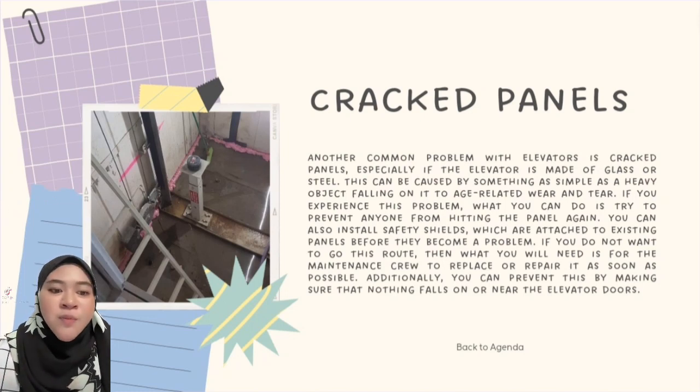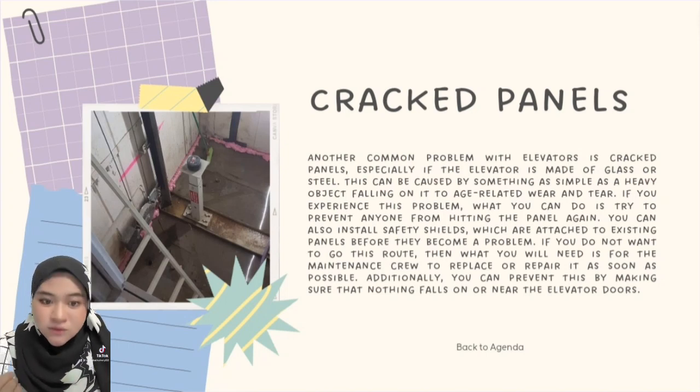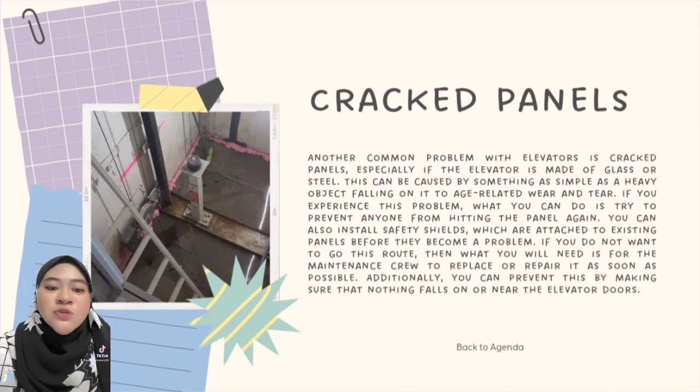A common problem with elevators is cracked panels, especially if the elevator is made of glass or steel. This can be caused by something as simple as a heavy object falling on it, to age-related wear and tear. If you experience this problem, try to prevent anyone from hitting the panel again.